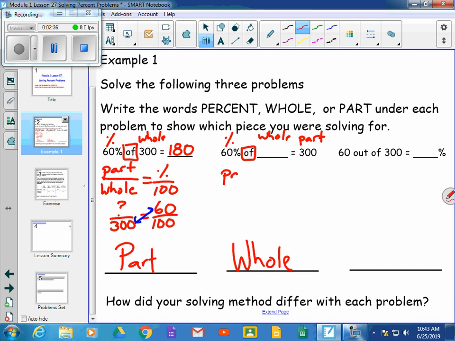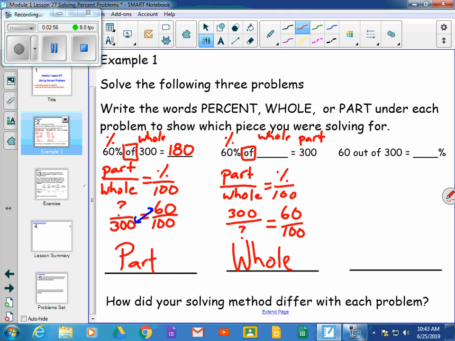If I'm to set that up, of course, I've got part over whole equals percent over 100. 300 is going to be my part, and I'm going to be finding the whole this time. And I want to set that equal to 60 over 100.